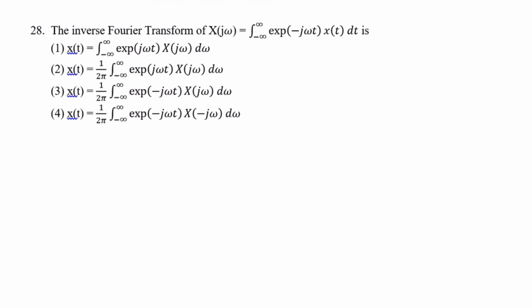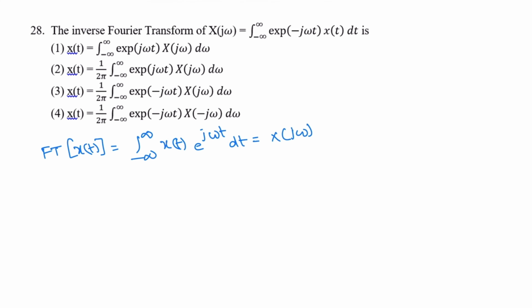Next question. The inverse Fourier transform of X of j omega is, the Fourier transform of x of t is integral from minus infinity to infinity x of t e power minus j omega t dt. So that is X of j omega.